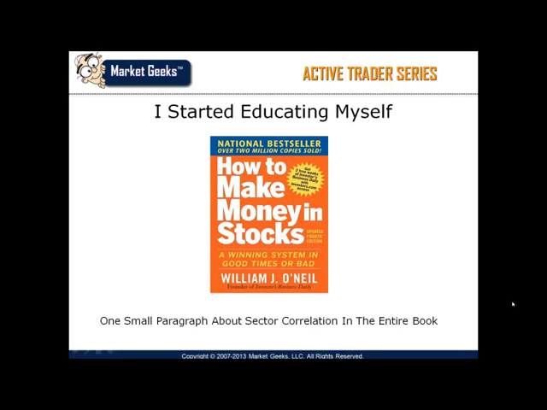One of the first books I picked up when I first started out was How to Make Money in Stocks by William O'Neill. Truthfully, I didn't think much of the book when I first started reading it, but there was this one page in the middle of the book that had one paragraph that I couldn't get out of my head.